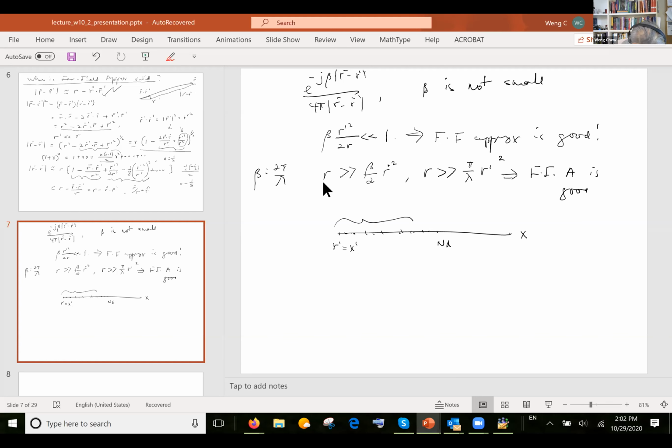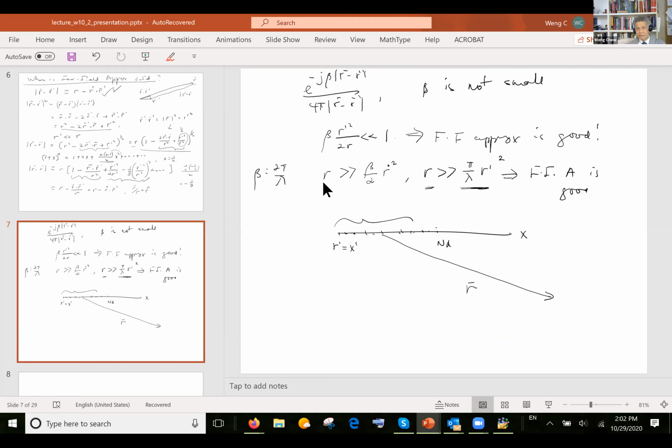If you put your observation point somewhere, say R, and the size of this array is small compared to the observation point, by this ratio, then you can make the far field approximation.